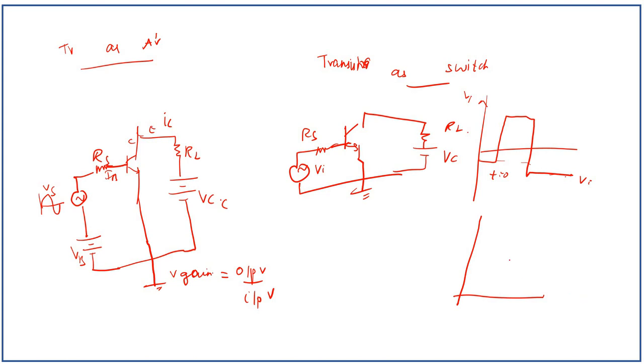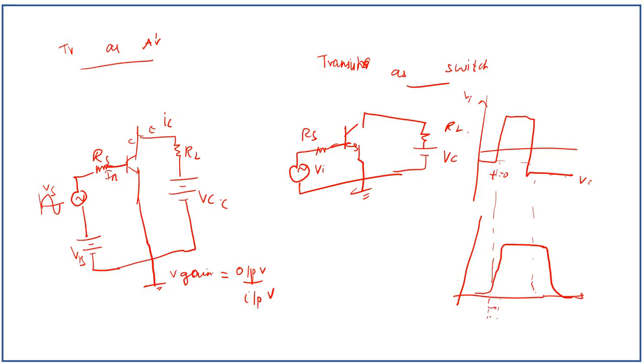So how it responds is, here it starts and here it ends actually, but it starts after some time and then reaches the peak after some time. So the curve is like this. We have the different times here.